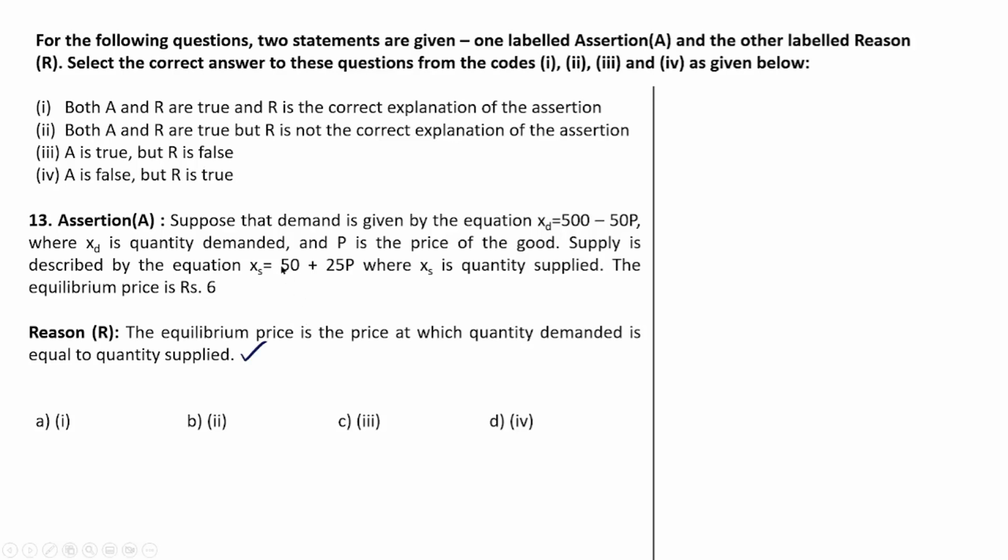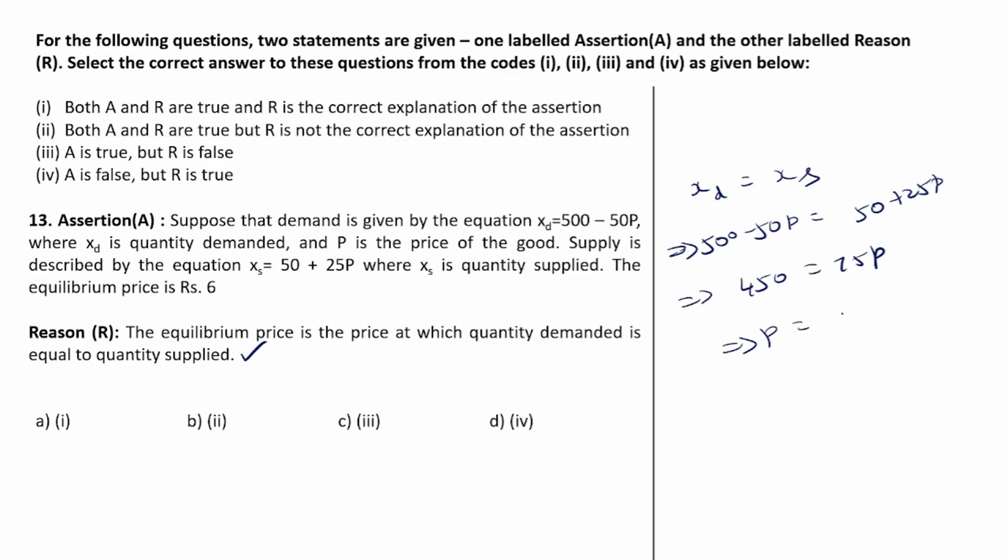Now let us check whether the assertion is true or not. So at equilibrium, the quantity demanded equals quantity supplied. So we have 500 minus 50p equal to 50 plus 25p, or we get 450 equal to 75p.